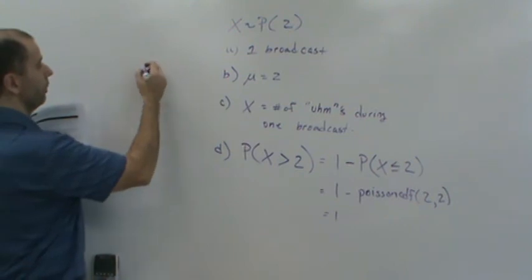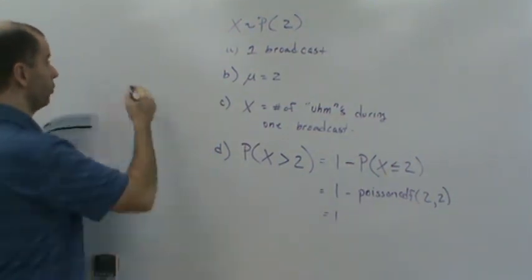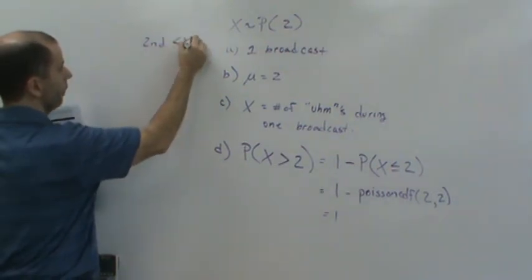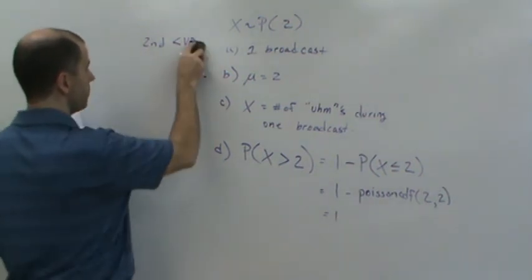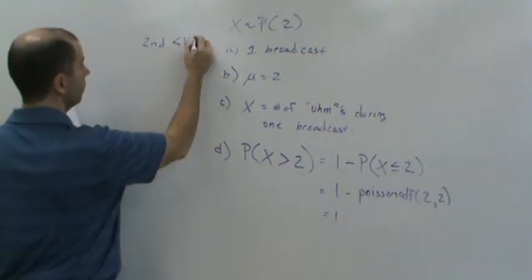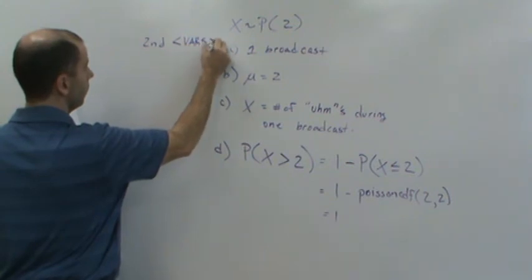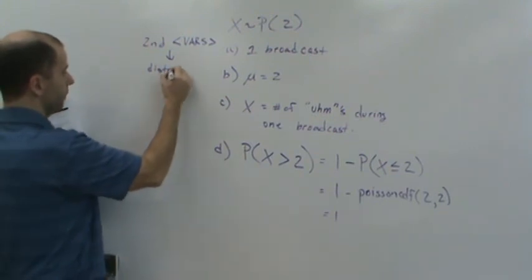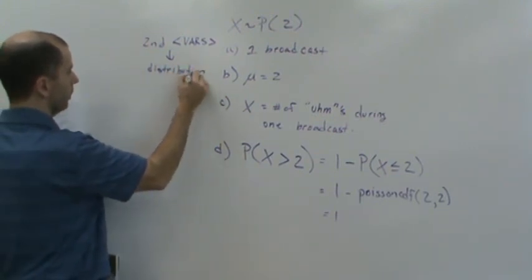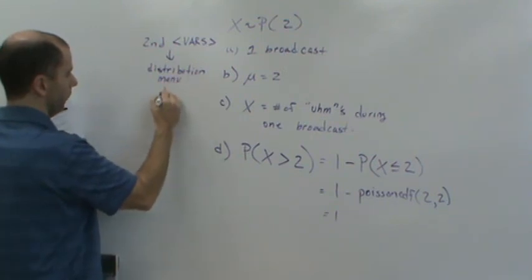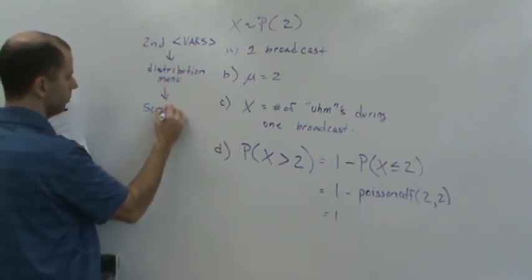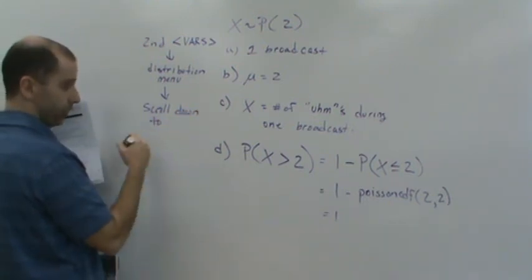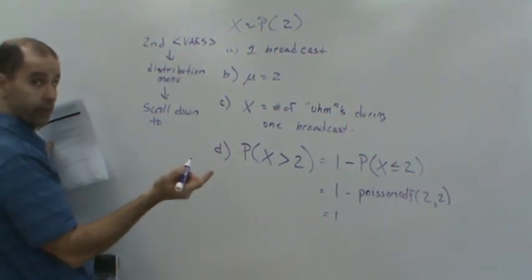You're going to go to your distribution menu. So don't forget, you're going to go to second, Vars. And then you're going to go to your distribution menu, and then you're going to scroll down to either the Poisson PDF or CDF.